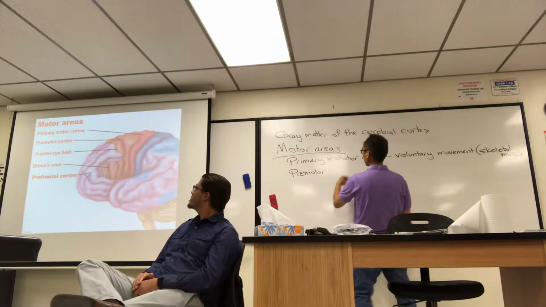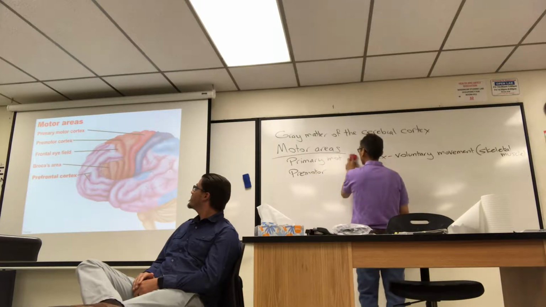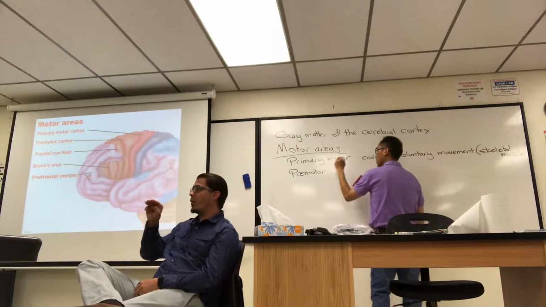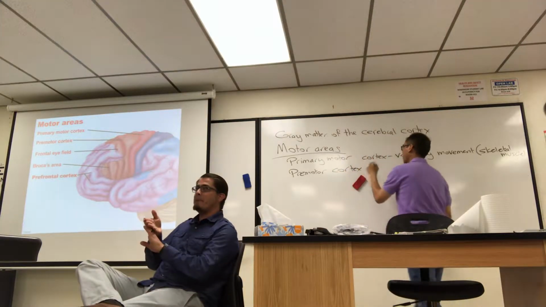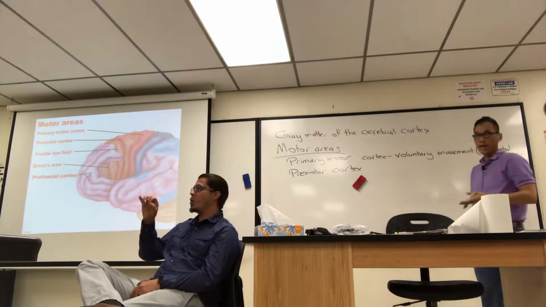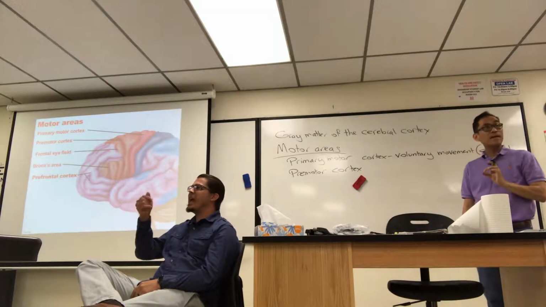The premotor cortex, that lighter red, just anterior to the primary motor cortex. Oh, I misspelled motor. Okay, what's wrong with me? Sorry, motor. Premotor cortex. Now this cortex is like a staging area for planning movements.